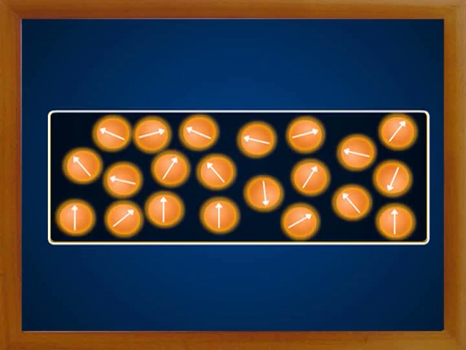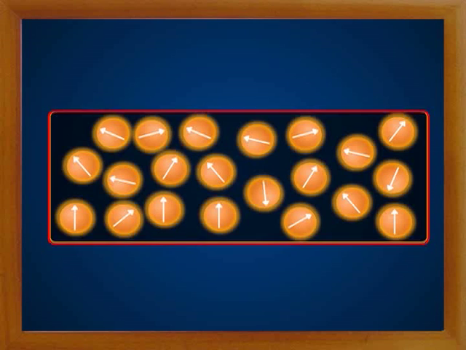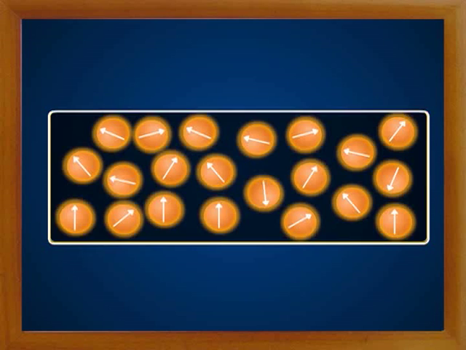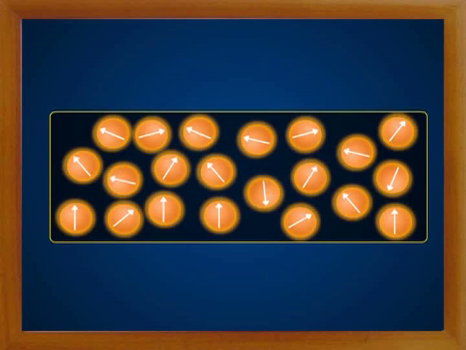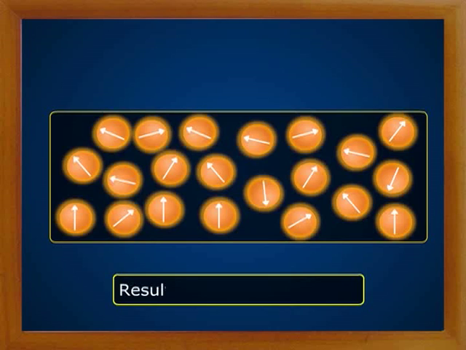These boundary lines indicate the domains and the arrows within domains indicate total magnetization. You will notice that the arrows in the different domains point along different directions. As a result, the resultant magnetization of the specimen as a whole is almost zero. That is why an iron rod is not a magnet by itself.